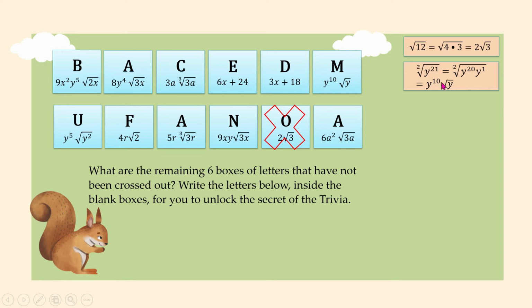So in our solution, it comes to this. The square root of y exponent 20 times y exponent 1. So, we broke down y exponent 21 as y exponent 20 times y exponent 1. Am I right? Okay. Why is it factored as 20 and 1, sir? Because when we simplify square root of y exponent 21, it can be made into y exponent 10.